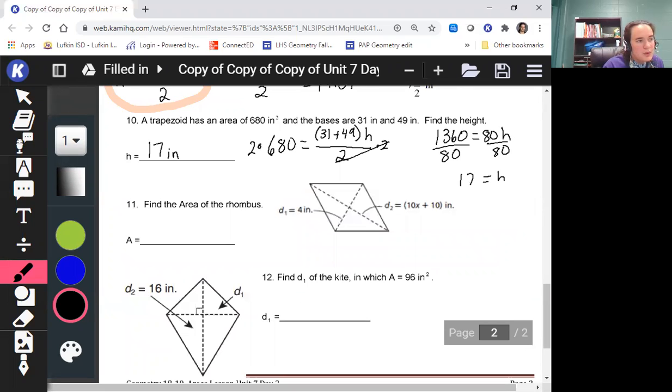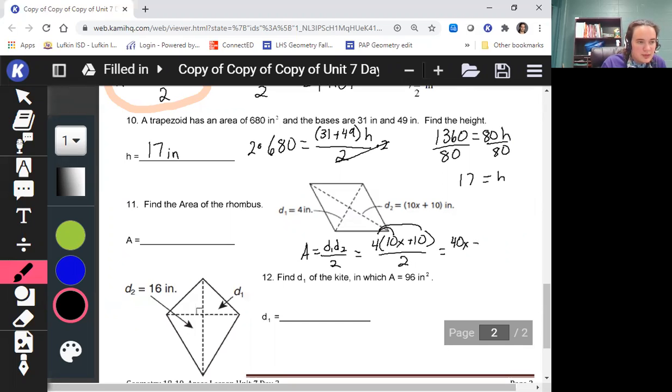Number 11, we want to find the area of a rhombus. Remember, the formula for area of a rhombus is your two diagonals multiplied and then divided by 2. So we're going to take our diagonals, 4 times 10x plus 10, and then divide by 2. So we need to distribute. Remember, when you distribute, you have to multiply it to everything in the parentheses.